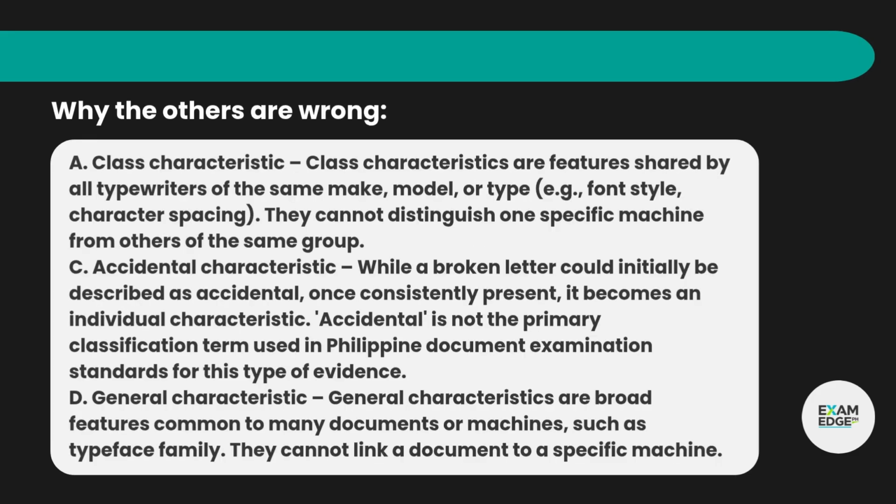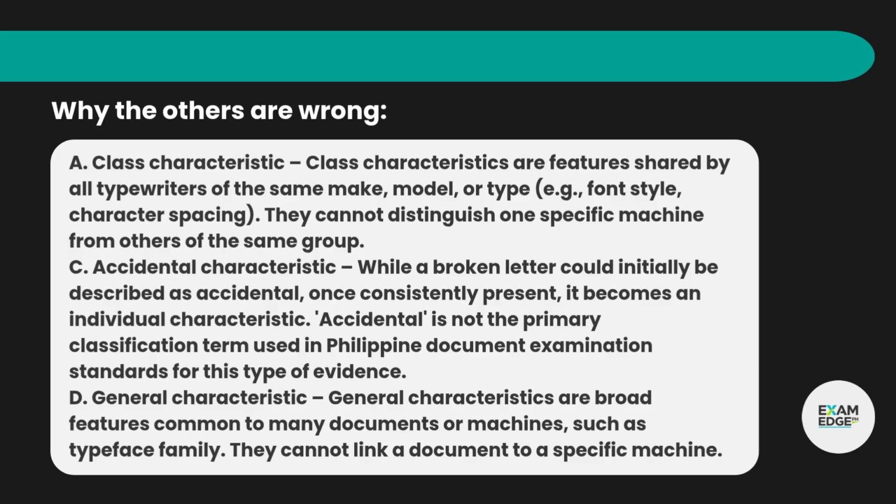Why the others are wrong. A. Class characteristic. Class characteristics are features shared by all typewriters of the same make, model, or type, for example font style and character spacing. They cannot distinguish one specific machine from others of the same group. C. Accidental characteristic.